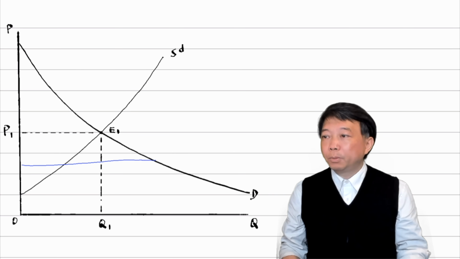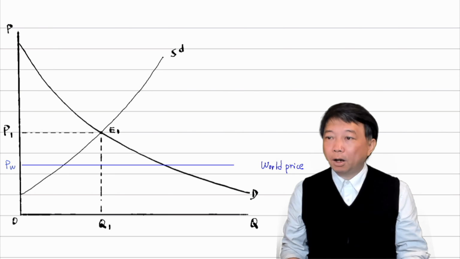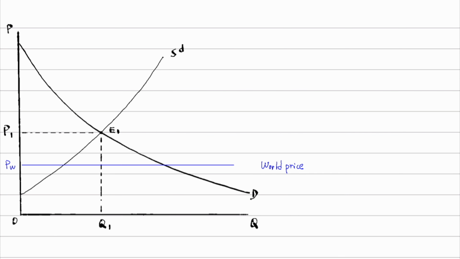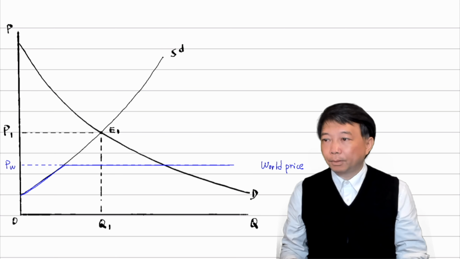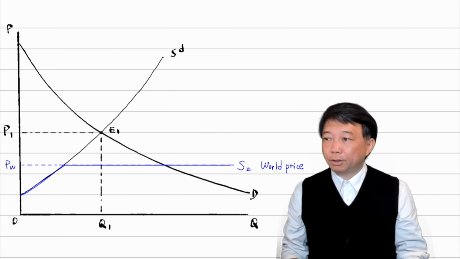Suppose the world price is PW. Under free trade, the new supply curve has a kink at the price of PW. The blue curve, S2, is the new supply curve with free trade.